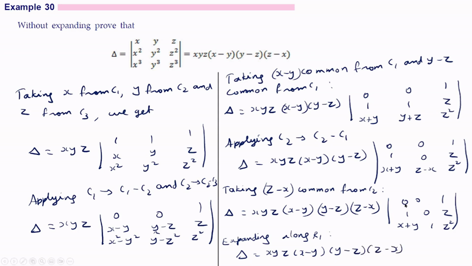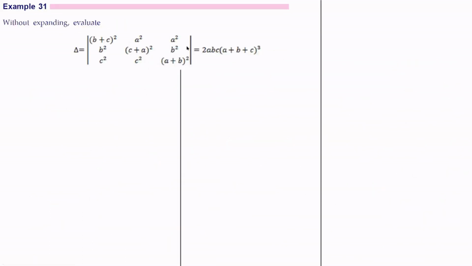It will be 0 into which is 0, minus 0 into which is 0, plus 1 into 1 minus 0 which is 1 into 1. So this is equal to the right hand side. So this is what we have to do. And now we have the next example.